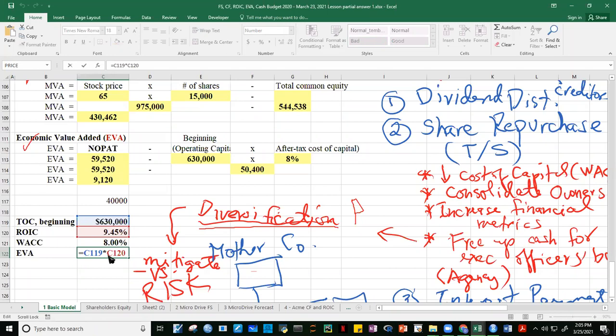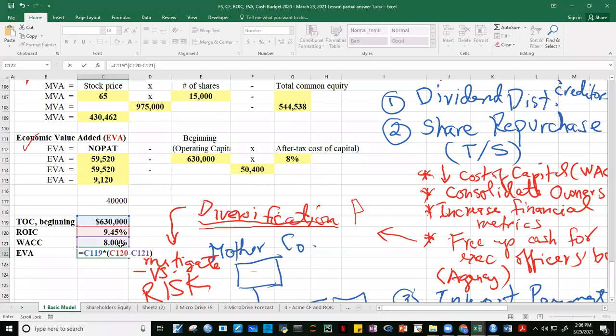But, guys, using capital isn't free, so we get charged. We subtract from the ROIC the cost to use the capital, which is 8%. So the concept is to subtract the WACC from the ROIC, not multiply.